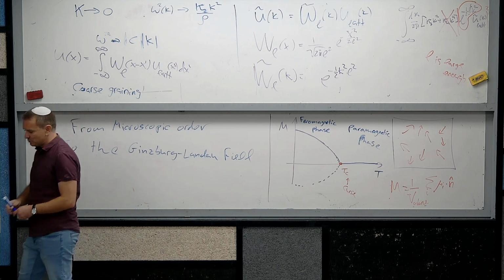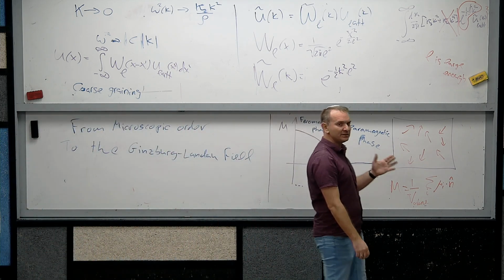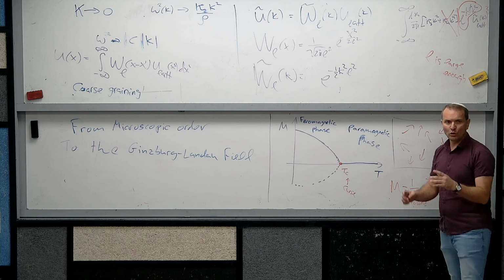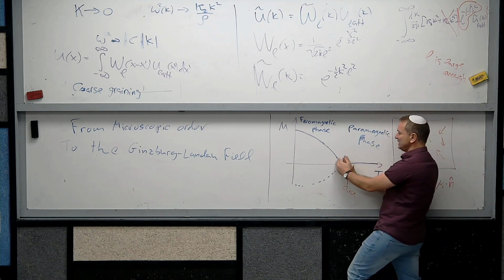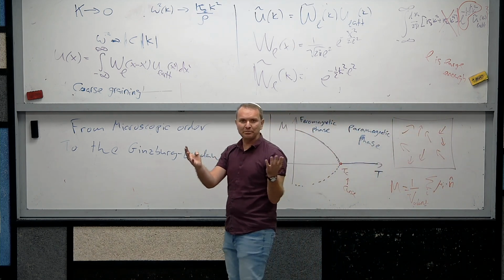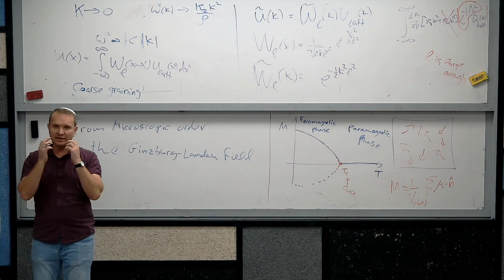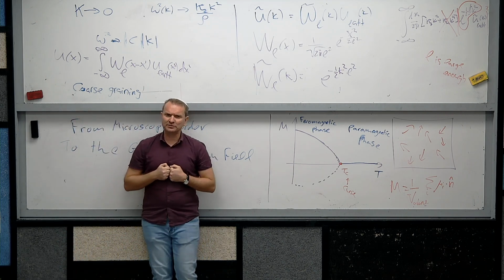The idea of Ginzburg and Landau was, I want to describe what happens in the vicinity of this transition in the same way as we describe the elastic behavior. There are some interactions between the different spins.